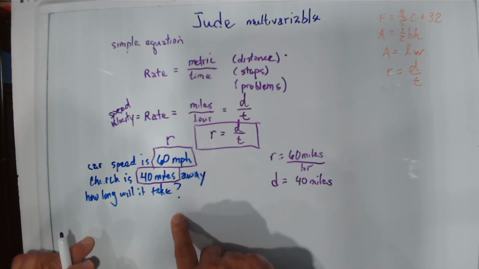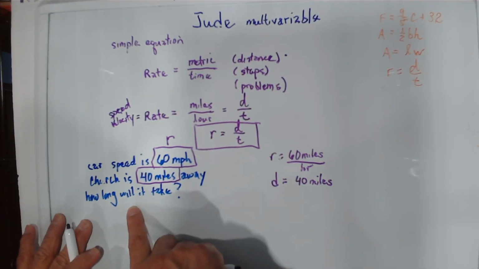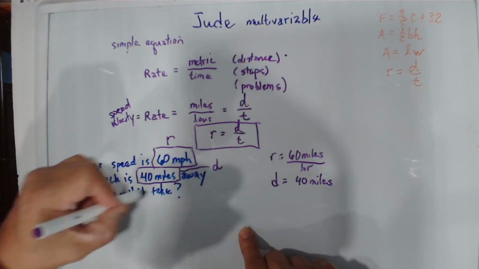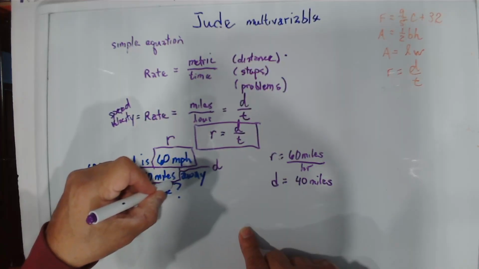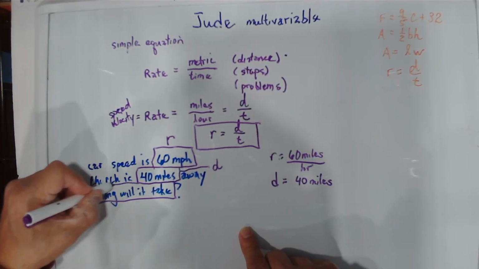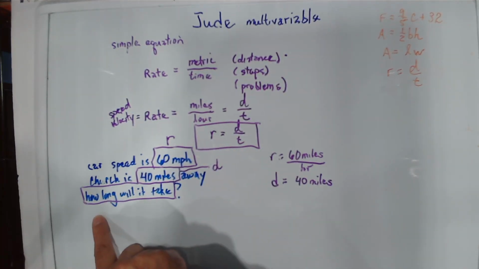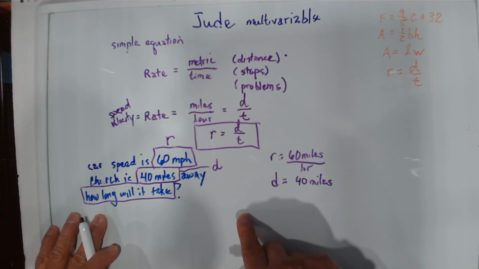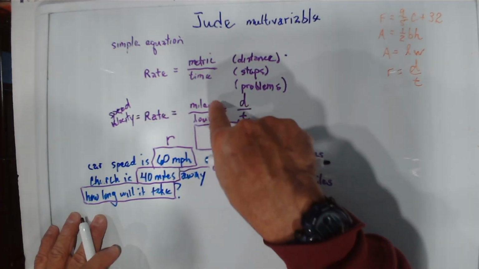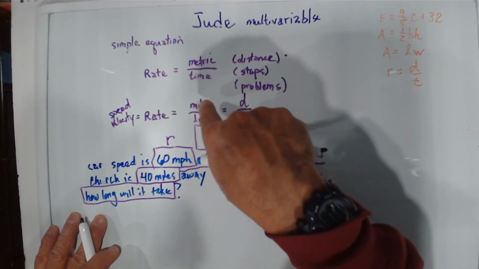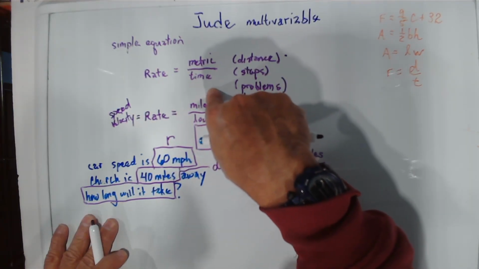Okay, so we're back to the last part, so we know this is D. So they're asking for this. How long will it take? When they talk about how long, what do you think they're talking about? Do you think it's miles per hour that fits how long it will take? Do you think miles tells you how long it will take?